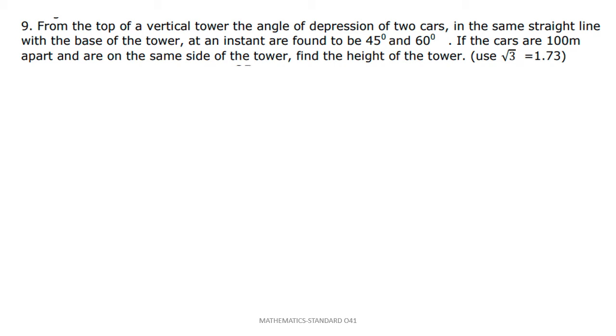If the cars are 100 meters apart and are on the same side of the tower, find the height of the tower. So here what is given? We have a tower. We have to find this h value.